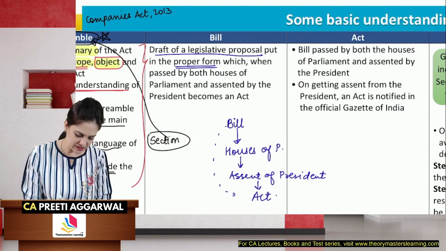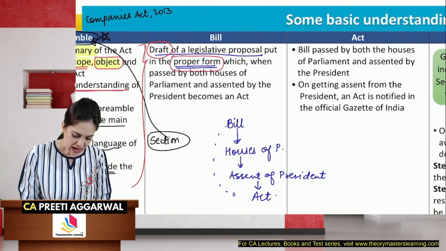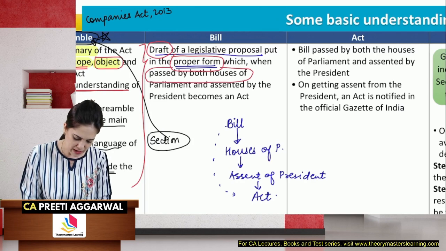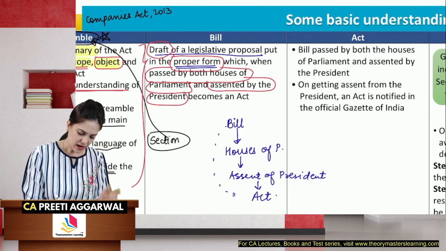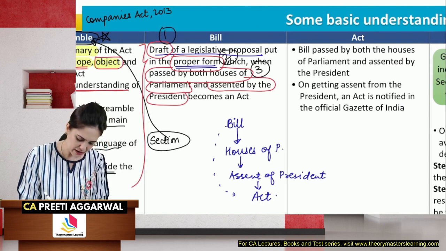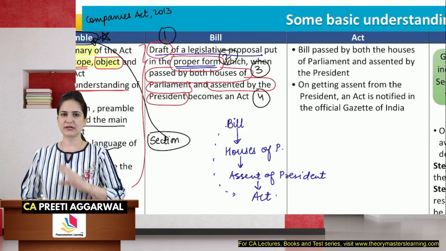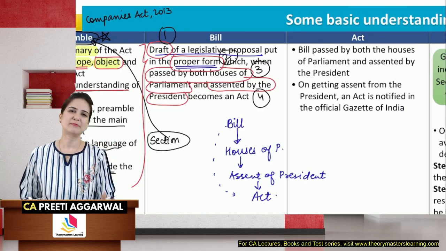We'll highlight the keywords. It is a draft of the legislative proposal, but when it is put in the proper form, passed by both the houses of parliament and assented to by the president, then it becomes an act. Once the president approves it, in that case it will become an act.